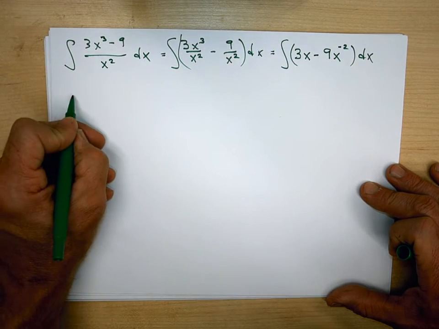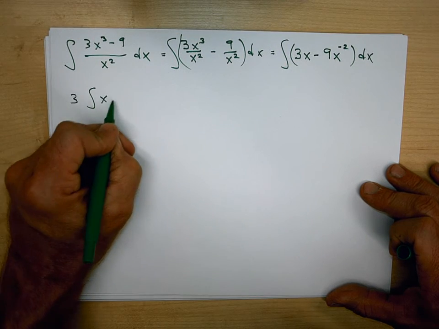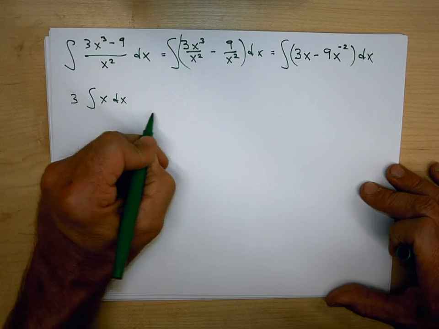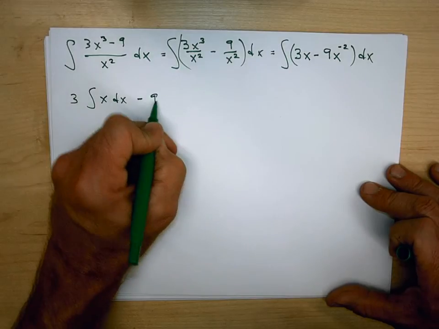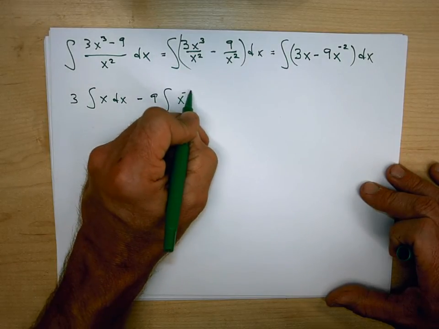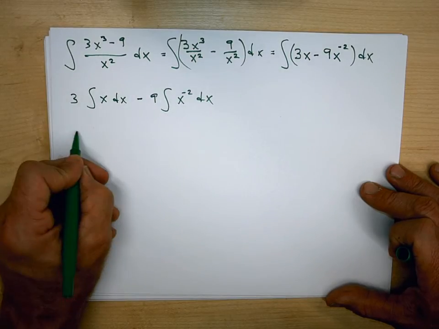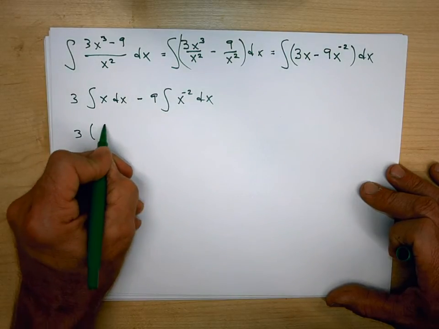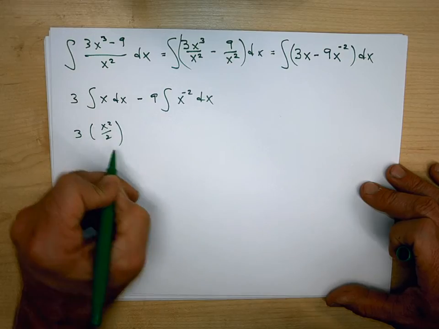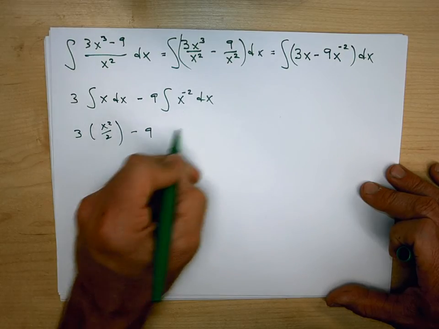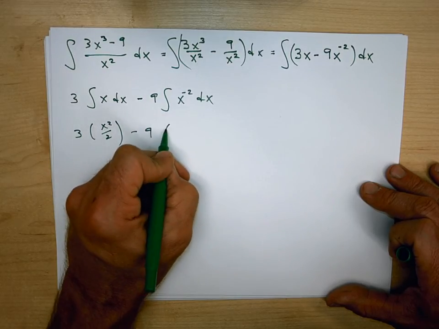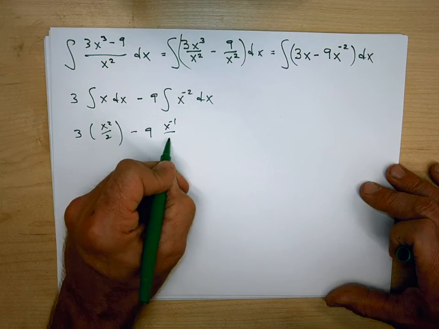So I'm going to have 3 times the integral of x dx minus 9 times the integral of x to the negative 2 dx. So this will give me 3 times x squared over 2 minus 9 times, that's going to become x to the negative 1 over negative 1.